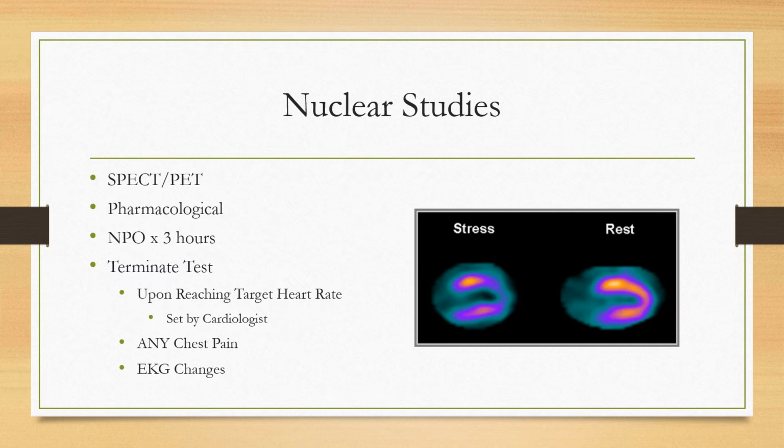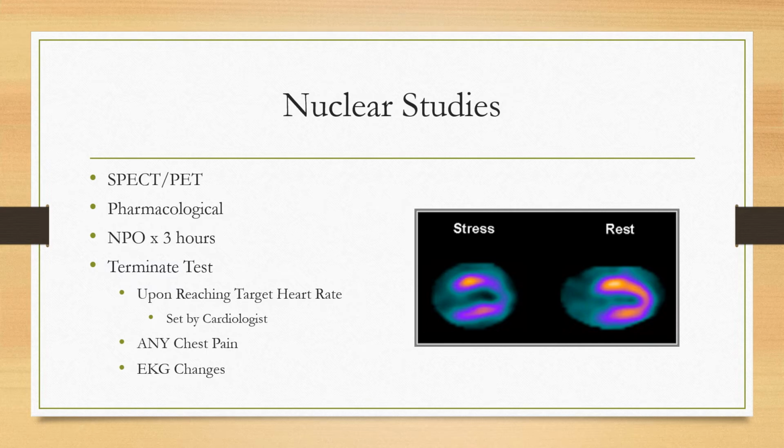Okay, so if we look at the right here, at rest, you can see the bluish orange area. Well, that's showing where the heart is receiving proper blood supply. Now, the person is under stress, so their heart rate's going faster, it's working harder, it needs more oxygen, and it's showing that no, it's not getting enough oxygen to that area.